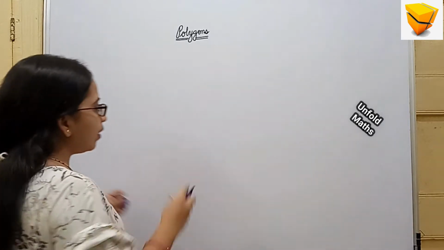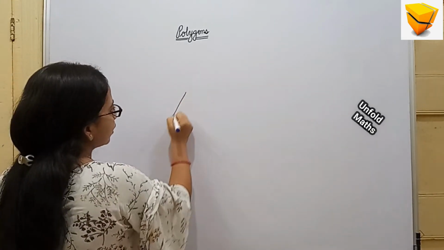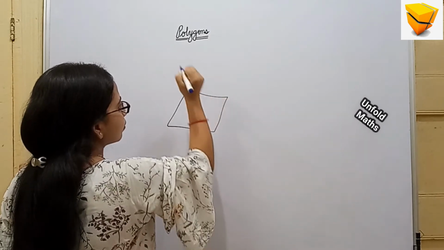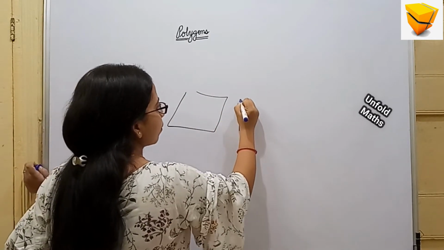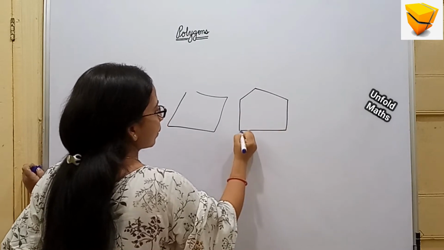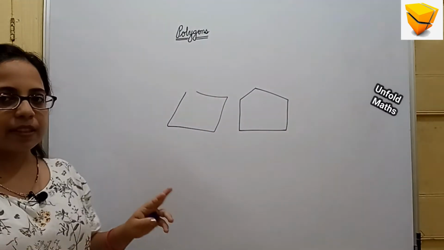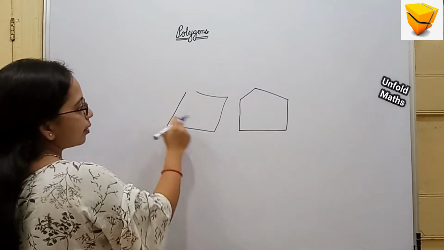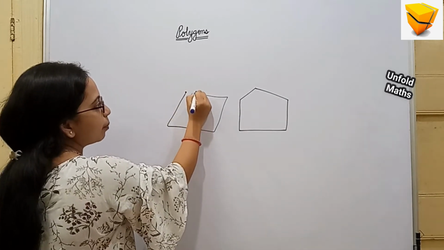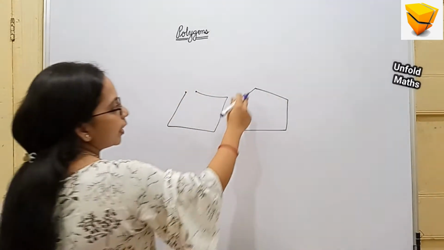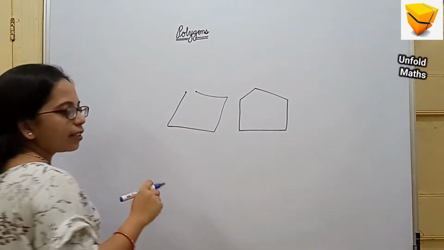Now see, we have two figures. In this, we can see that this figure has two endpoints. But this figure has no endpoint.